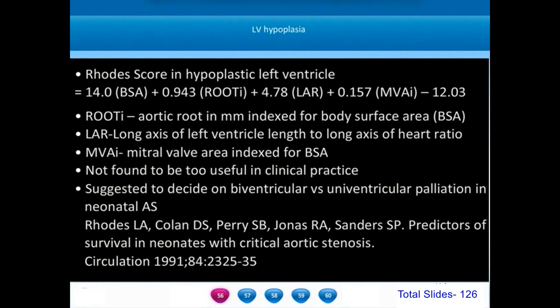There are certain indices that have been described for assessing the left ventricular hypoplasia. One such index from the Boston Children's Hospital is called the Rhodes score.